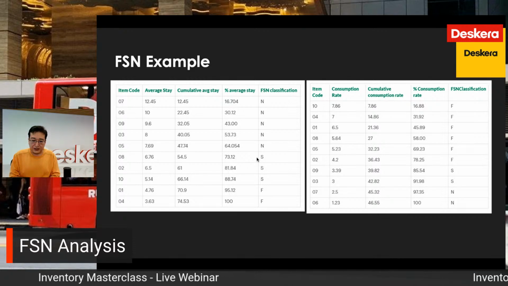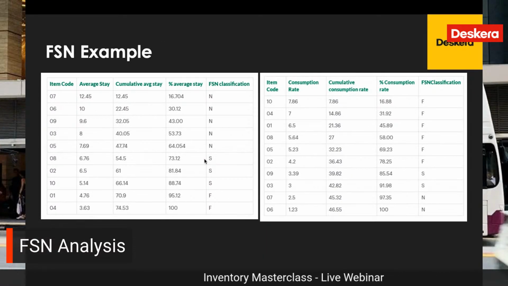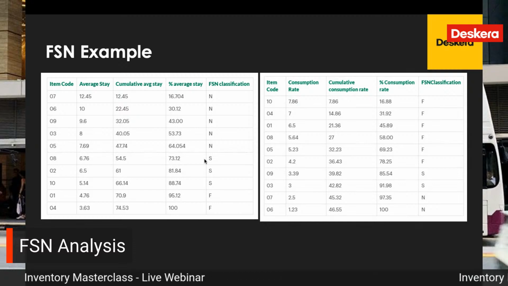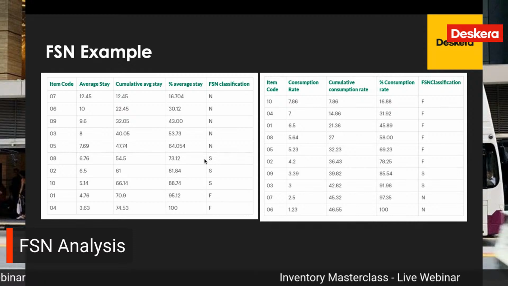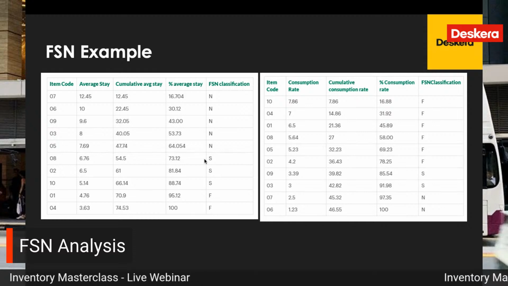Well, my consumption also goes hand in hand. So my average stay being low, my consumption rate's going up. It looks like, I'm not sure if that's a parallel or a correlation.